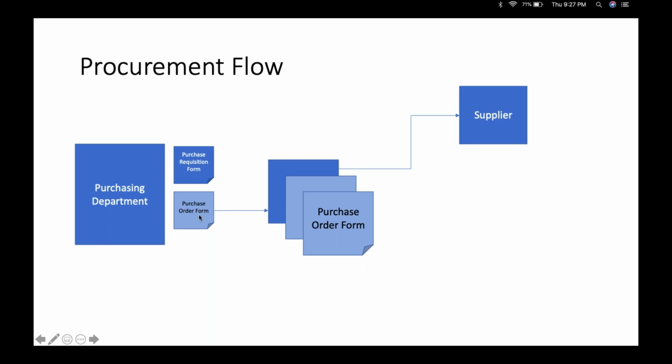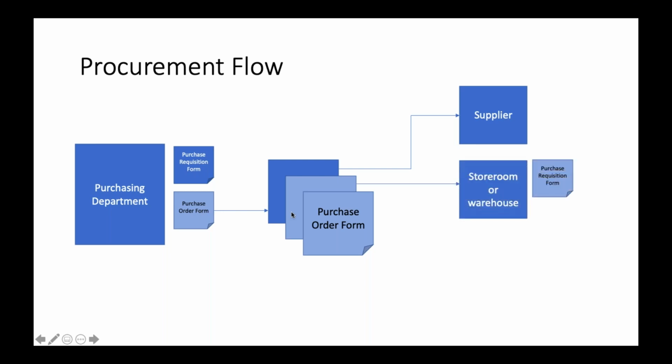The duplicate copy will be retained by the purchasing department, and then the other duplicate will be forwarded to the storeroom, who is also holding a purchase requisition form, and then the other copy will be forwarded to the receiving department.